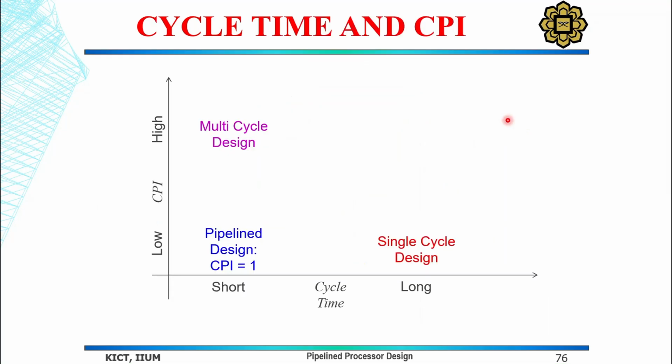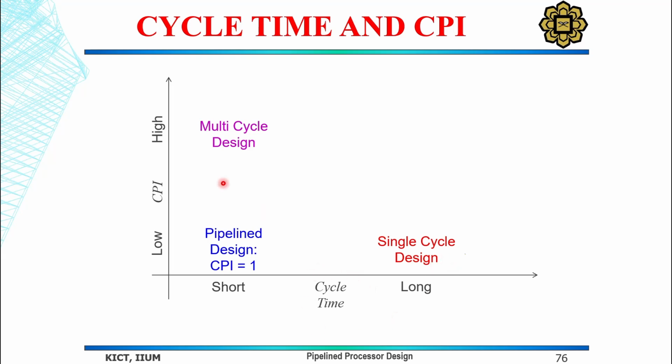Lastly, here is the cycle time and CPI for a single cycle, multi-cycle, and pipeline design. For the single cycle design, the CPI is lower, of course, because in the single cycle all instructions complete in one cycle, but the cycle time is longer.